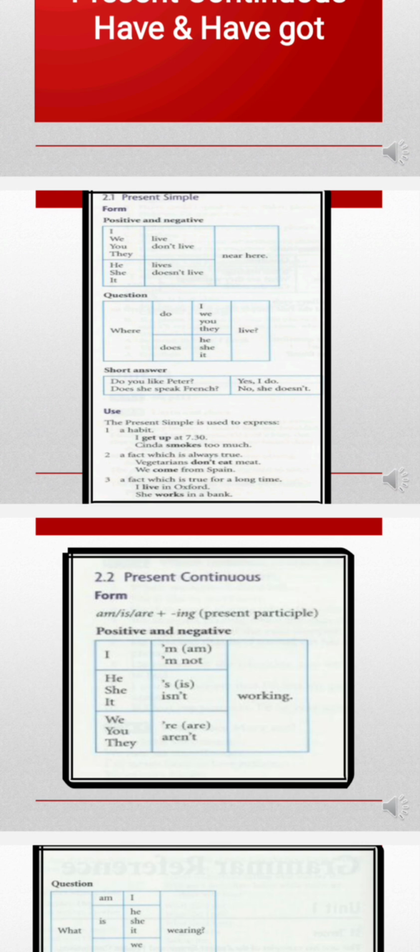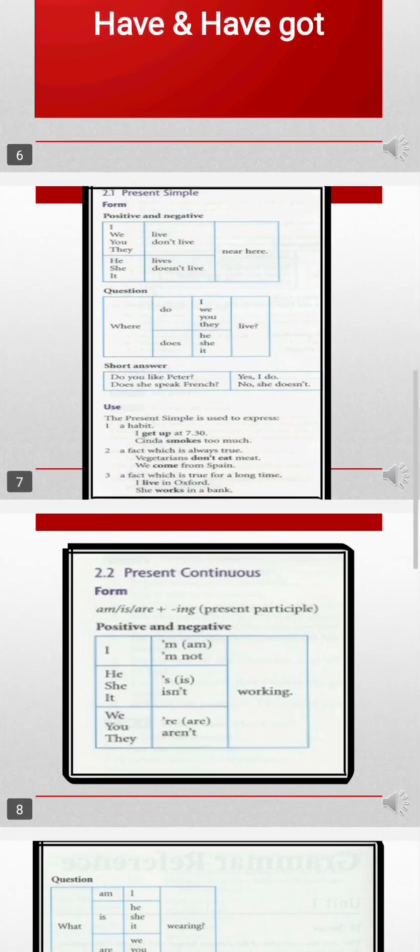They don't live near here. He lives near here. He doesn't live near here. She lives near here. She doesn't live near here. It lives near here. It doesn't live near here.